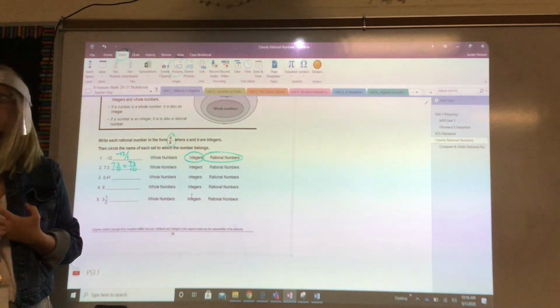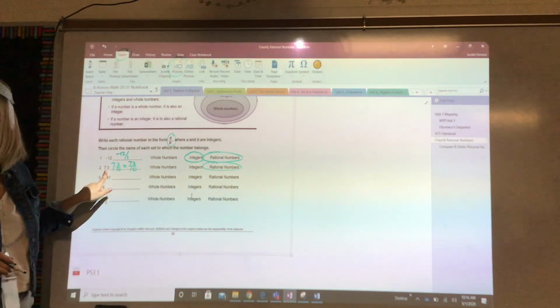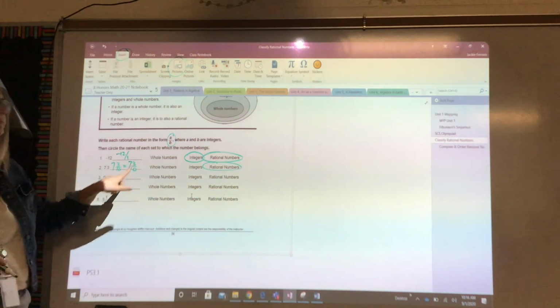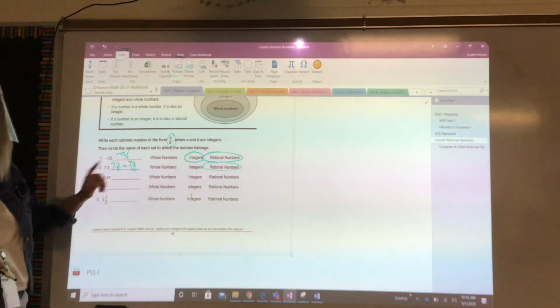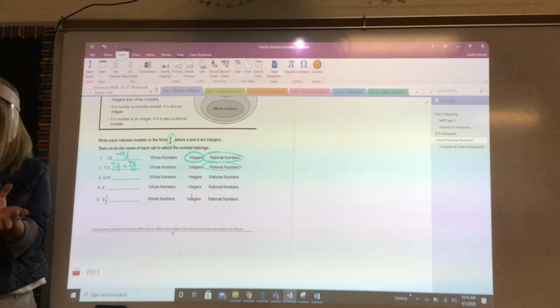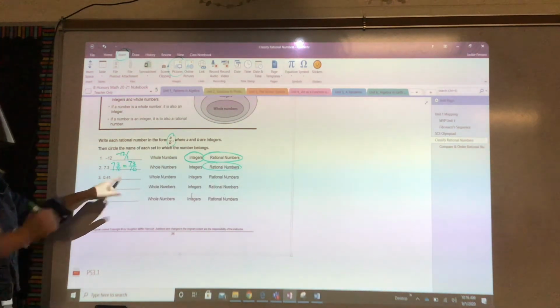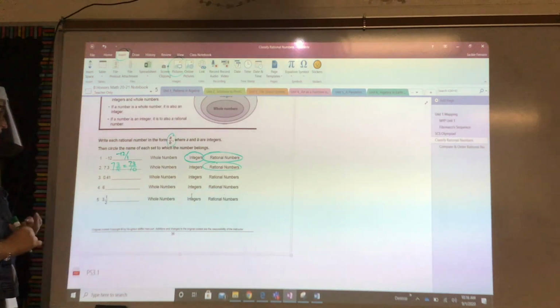It'd be a rational number. So this is a decimal. We converted it into a mixed number, but they want us to make it in fractional form. So we're going to convert the mixed number, which is wholes and fractions, into just fractions, which is improper fractions. So you do 7 times 10 plus 3 to get 73/10.